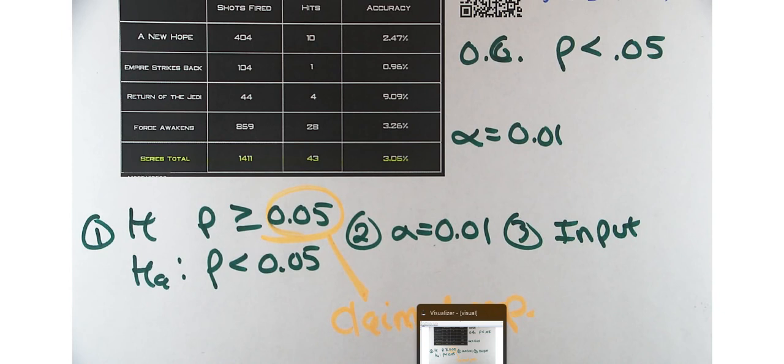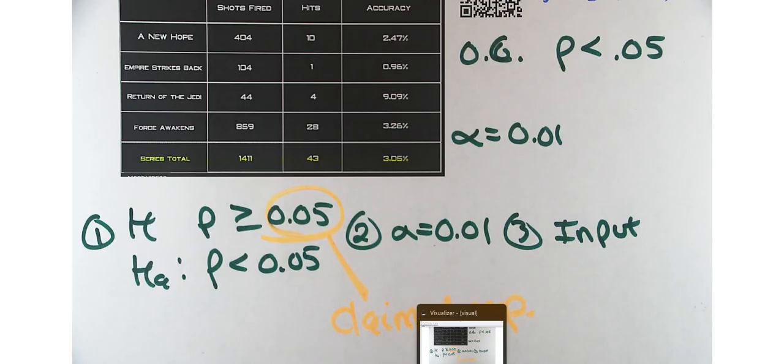Is it going to be a left tail, right tail, or two tail test? What do you think? Two tail? Is she right? Maybe. All right, someone want to cast a deciding vote?